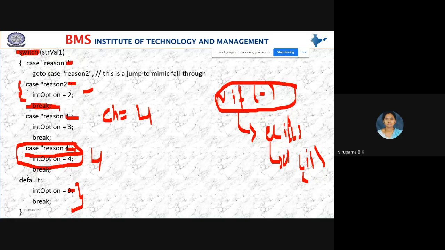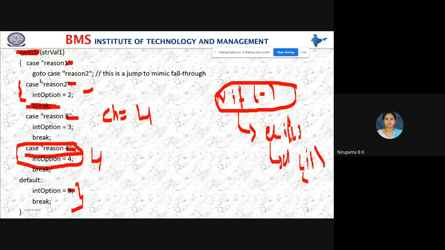Suppose I execute the first case. Yes, students, listen here. If I give the choice first case, one thing you can observe: in the first case, the statement is go to case 2.